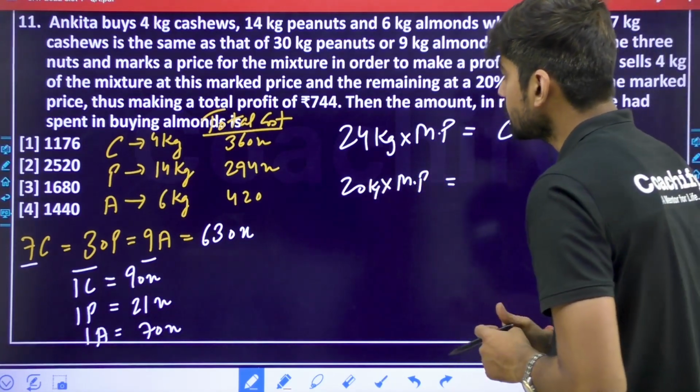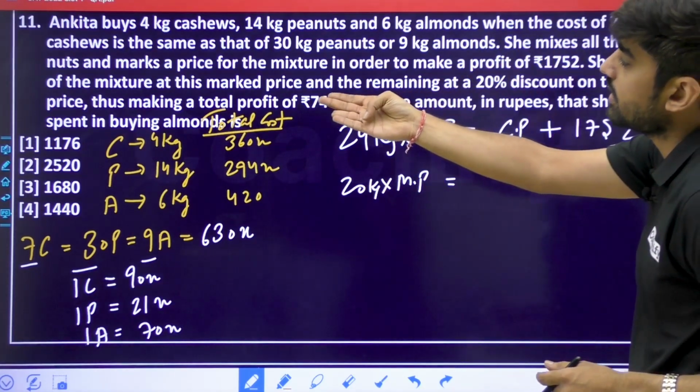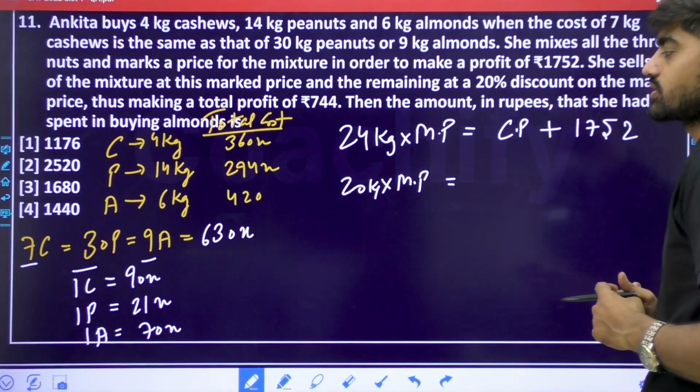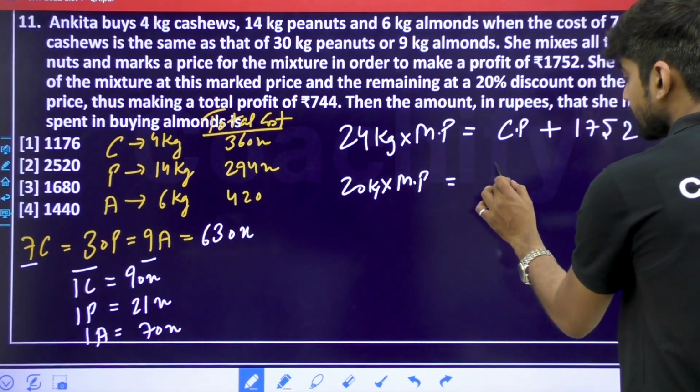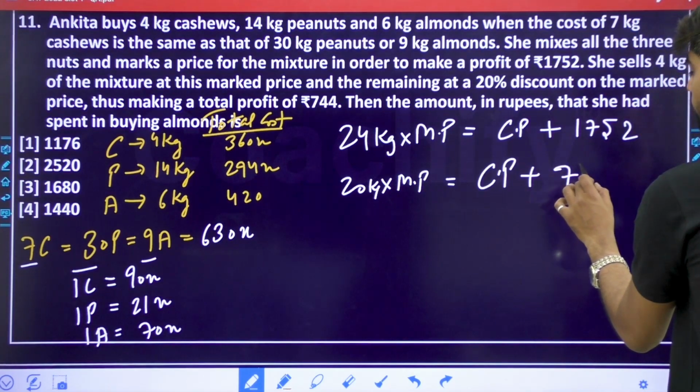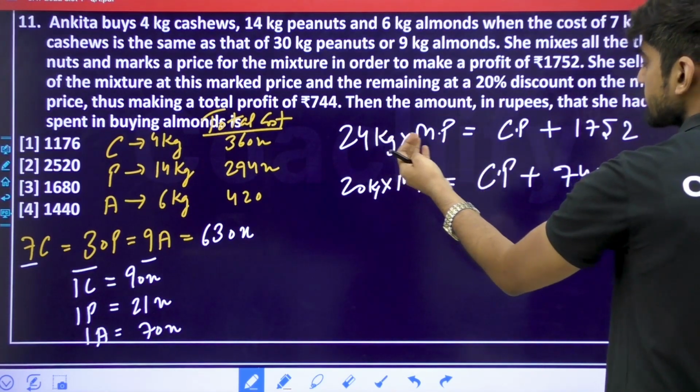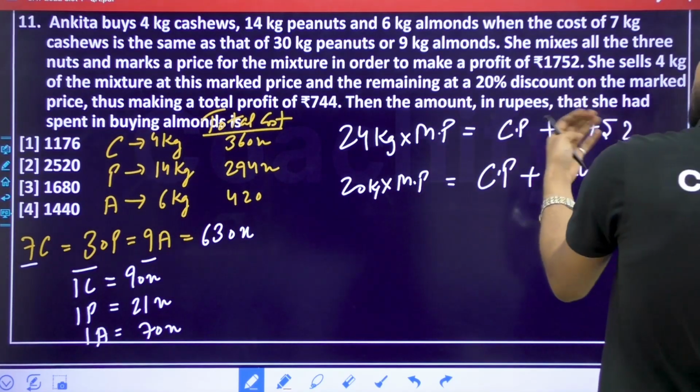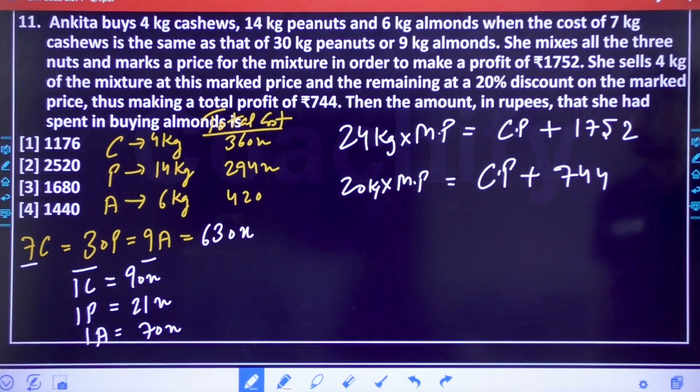Now this is again my selling price when I'm selling 4 kg at mark price and the remaining at 20% discount. In this situation, the cost will still remain the same, and I am having a profit of 744. So this is my selling price. Selling price equals cost price plus profit, or if I'm having a loss, then I have to reduce that loss.